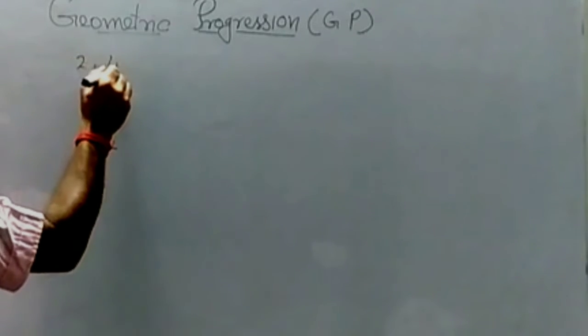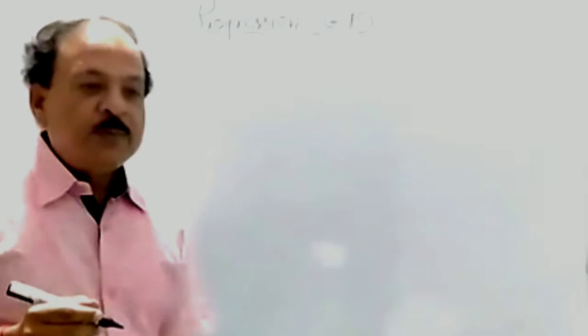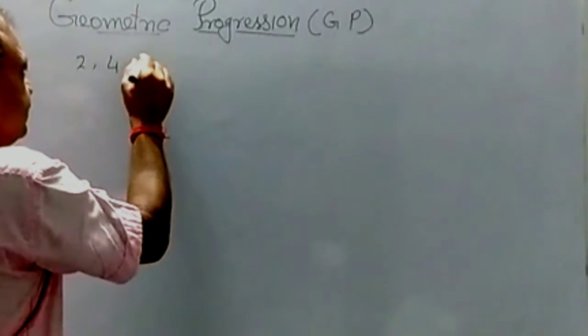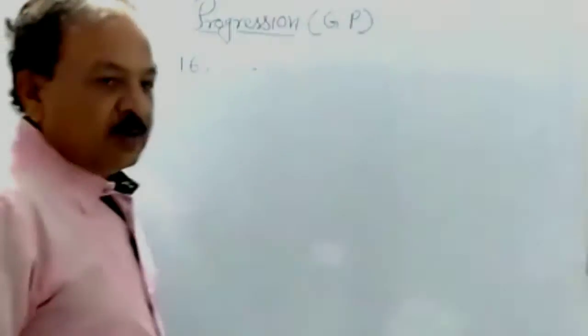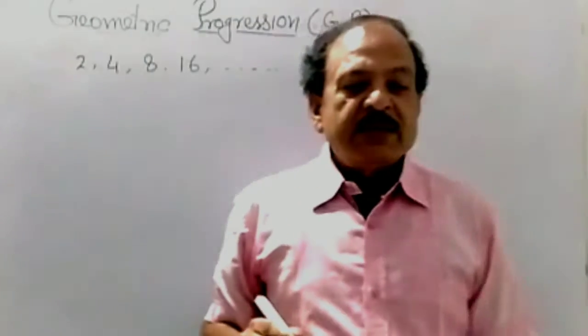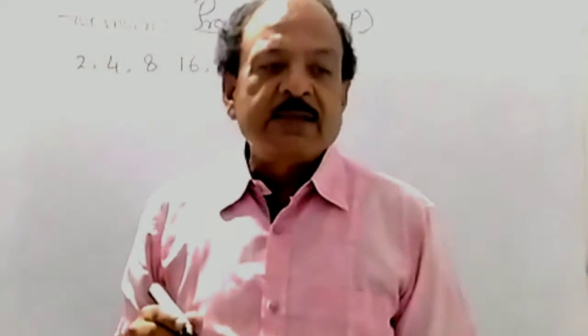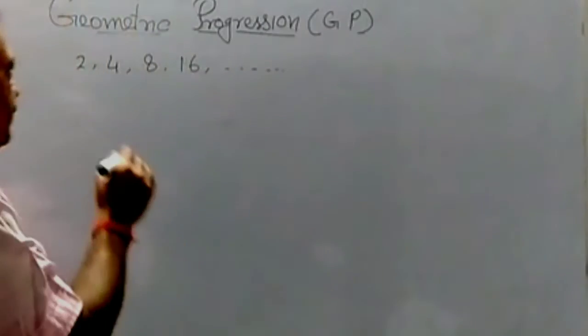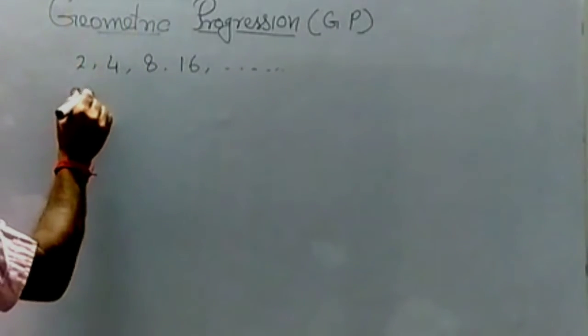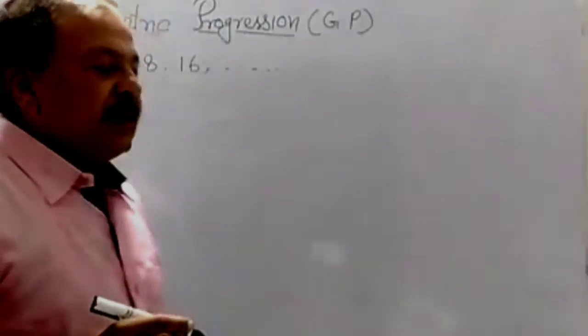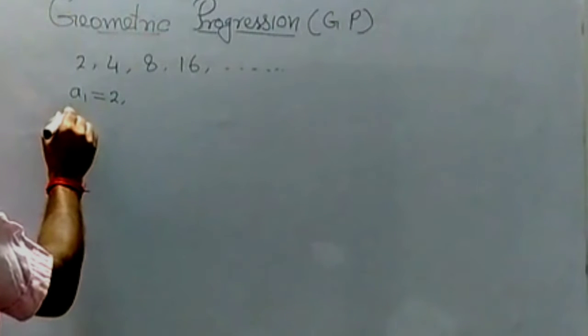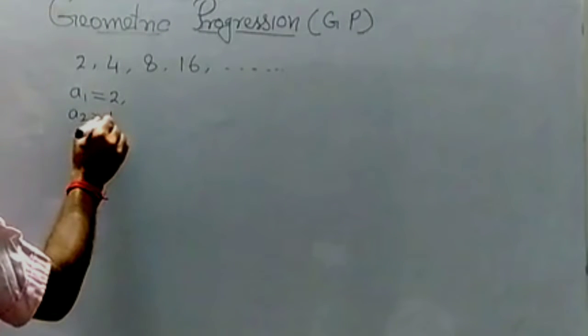First, consider 2, 4, 8, 16 and so on. In this, A1 is 2 and A2 is 4.